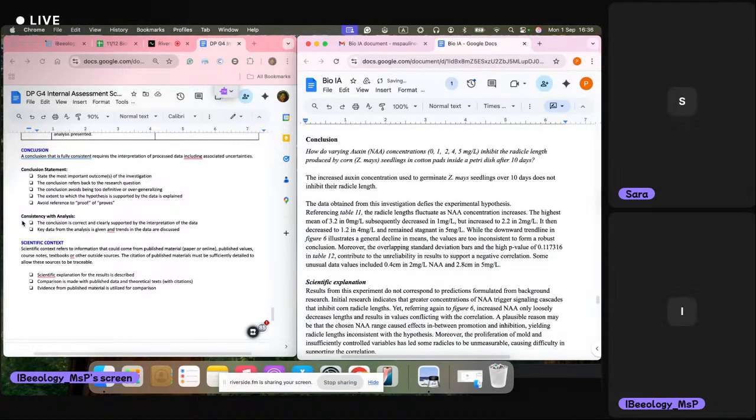Okay, so conclusion: state the most important outcome. The conclusion refers back to the research question. So did you go back to the research question and say how? I think in my scientific explanation: how do varying oxygen concentrations inhibit? Did it go back there to your research question and the data?